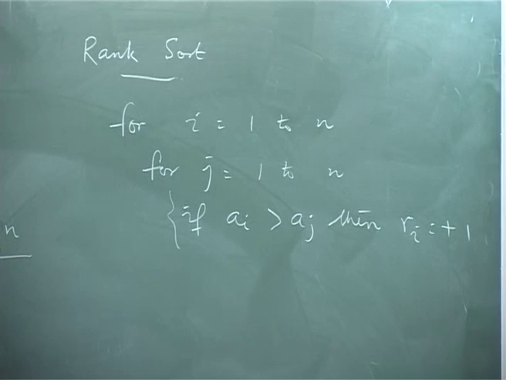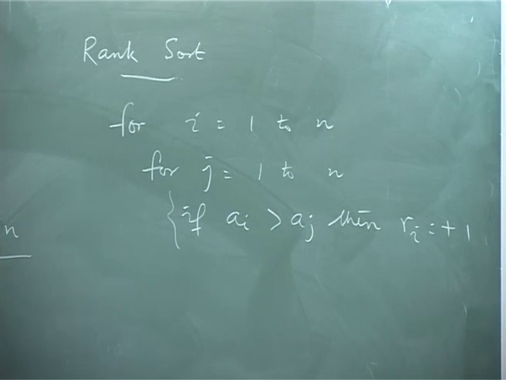Now, if Ri is 5, it indicates there exist 5 elements which are smaller than Ai. So the rank of Ai is 6.